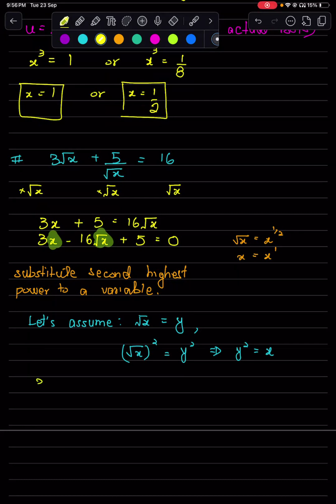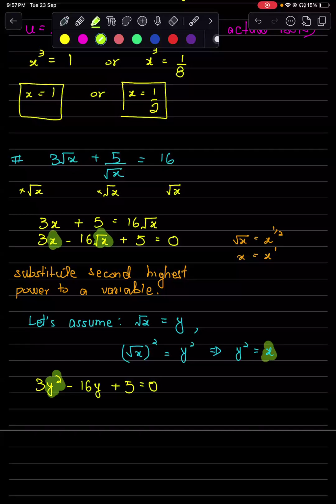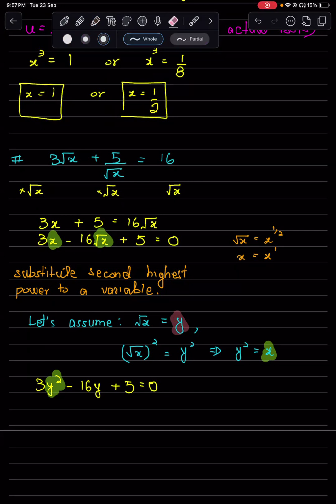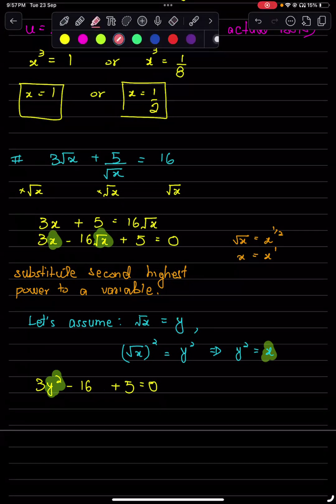So my equation is now 3y squared minus 16y plus 5 is equal to 0. So if I highlight it, this y squared is actually equal to x, and this y is actually equal to root of x. Make sense?